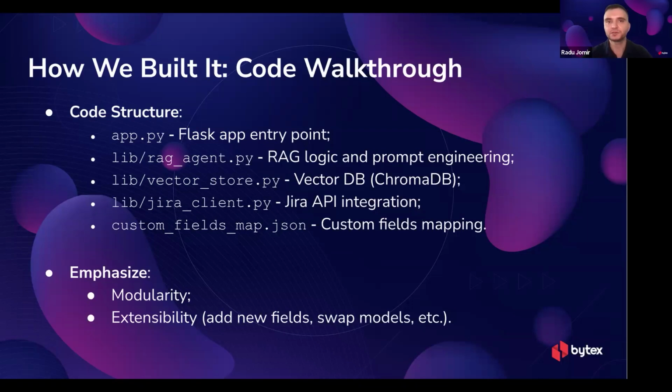The RAG logic is in the RAG agent py file. This is where we handle query parsing, intelligent filtering, and the overall retrieval process. And our vector store implementation is in the vector store py file using ChromaDB for efficient similarity search.